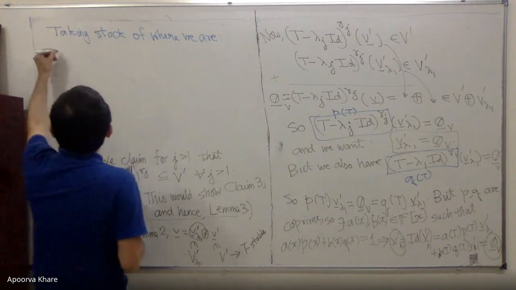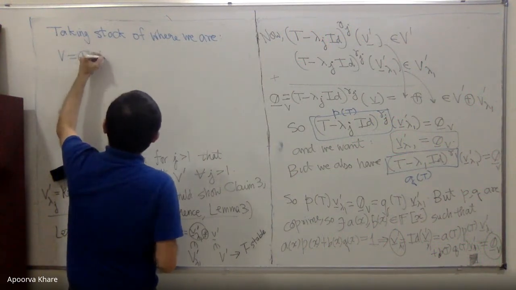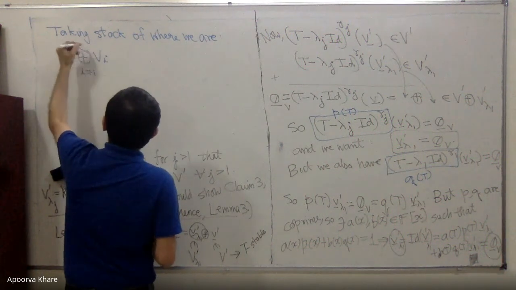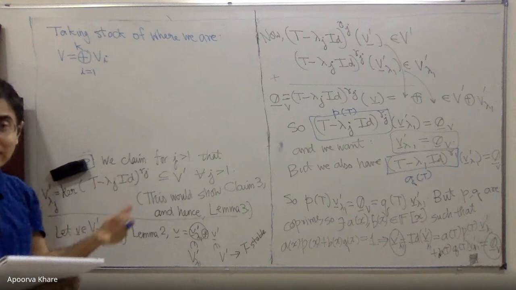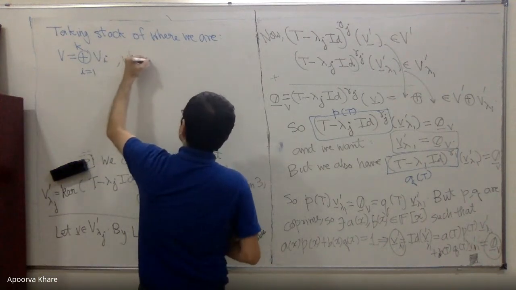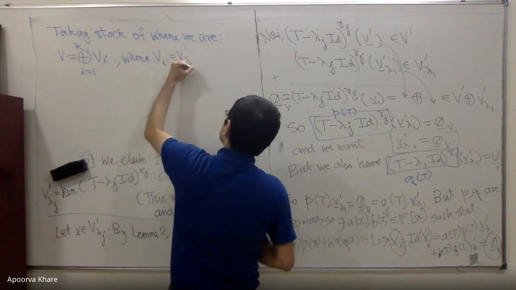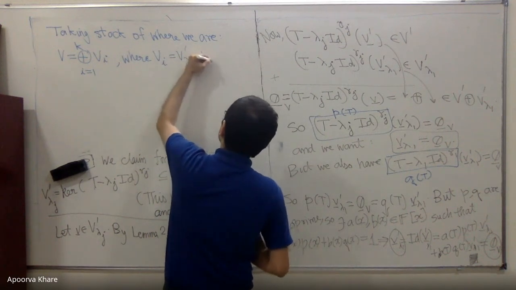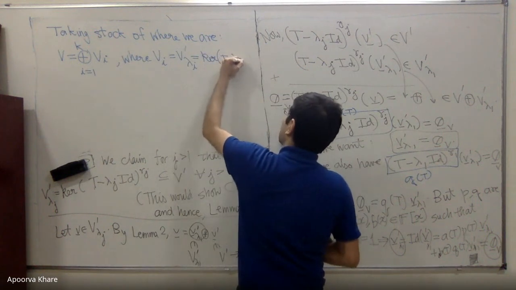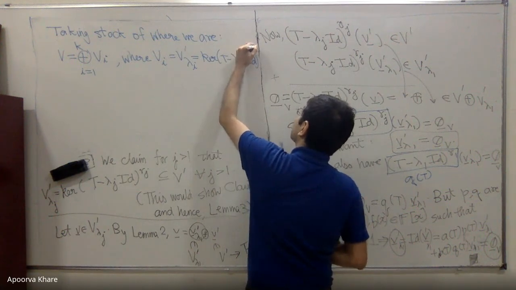So we have all the hypotheses of the theorem, and we now have V equals the direct sum of Vi, i equals 1 to k. Each Vi is, by lemma 3, the generalized eigenspace: Vi equals V prime lambda i, the kernel of (T minus lambda i identity) to the Ri, for some fixed Ri.